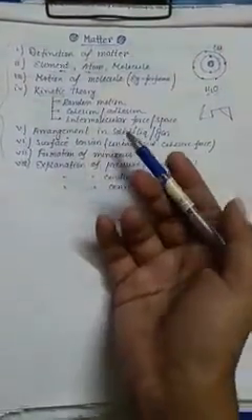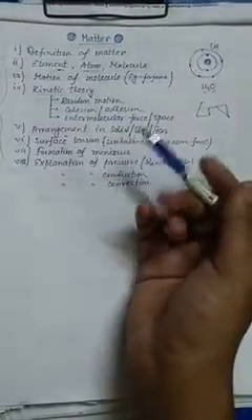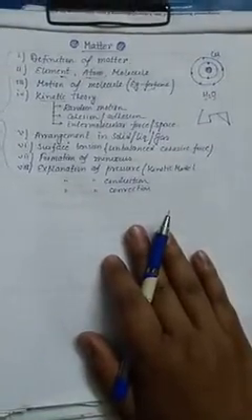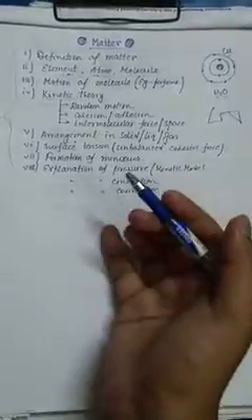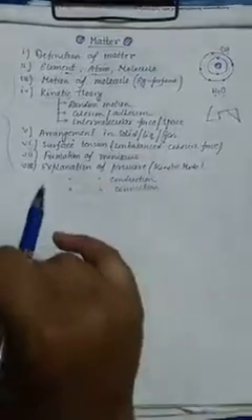Let me tell you, if you increase the temperature, the speed of the motion will increase. Why will it increase? Because we know heat, temperature. If we increase the temperature, we have to give some heat energy, and that heat energy will be absorbed by the molecules.